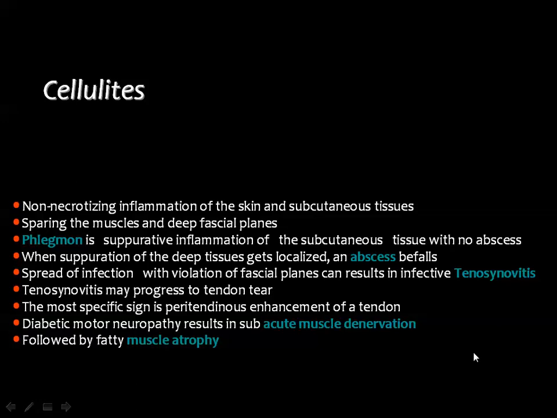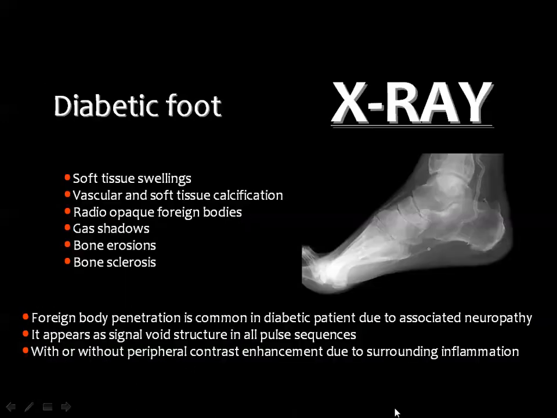Then diabetic motor neuropathy will result in acute muscle denervation, which will present by muscle swelling and edema on MRI, and later on you get severe muscle atrophic changes and fatty infiltration.